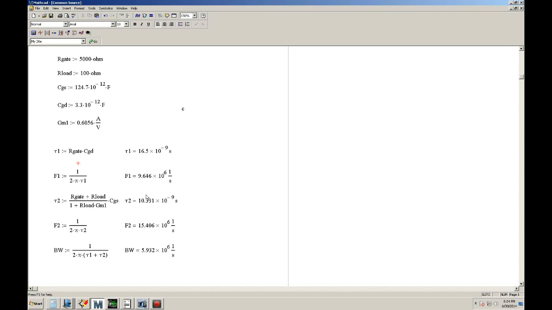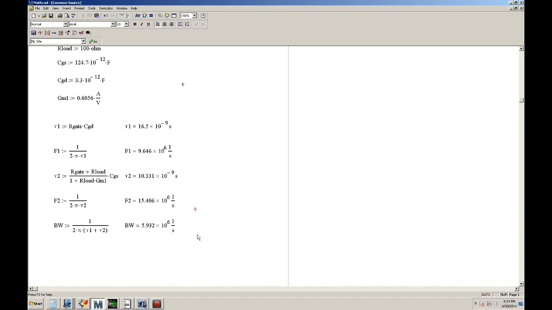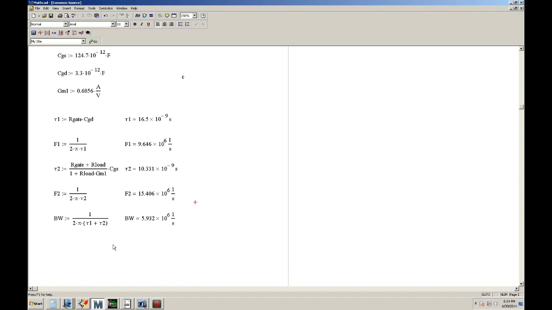However, these two are not the real frequency. The real frequency is when you plug in both taus. So here's the bandwidth, which is 1 divided by 2 pi, and then the summation of tau 1 and tau 2. So in this case, the frequency response of the common drain should be 5.9 megahertz.